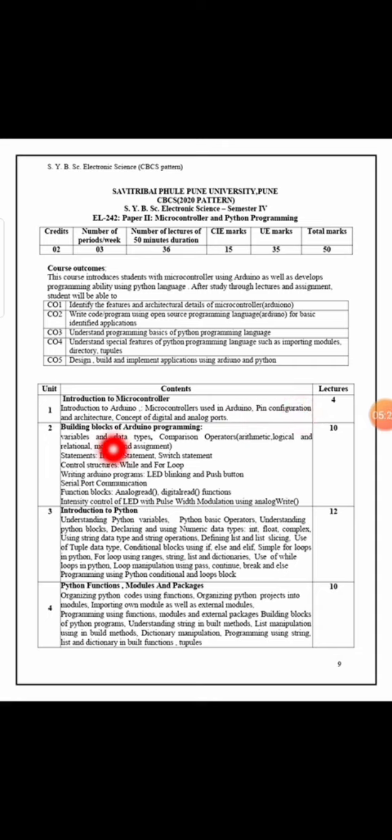Okay, so let us start chapter 2. In chapter 1 we are going to study the hardware requirements for the Arduino microcontroller. In chapter 2 we are going to study Arduino programming, that is the software module. Chapter 1 provides you the hardware module and chapter 2 provides you the software module. So in chapter 2, variables and data types.